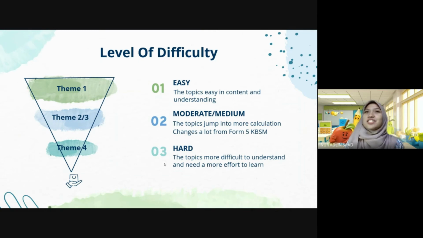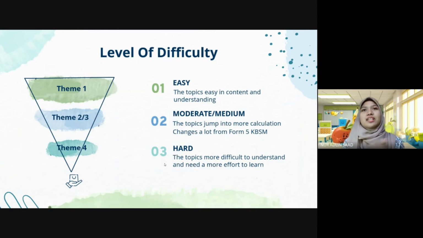Yes, of course, right. So theme 1, theme 2, 3 and theme 4 have their own level of difficulty, which we have categorized into 3 levels: easy, moderate or medium, and hard.